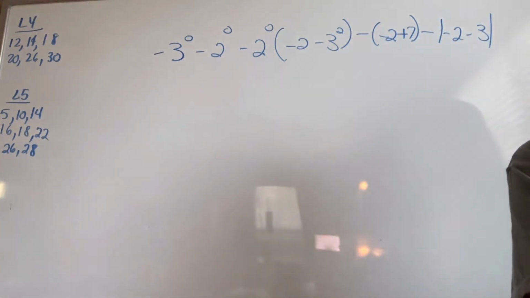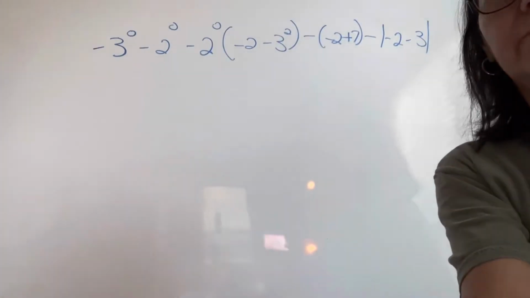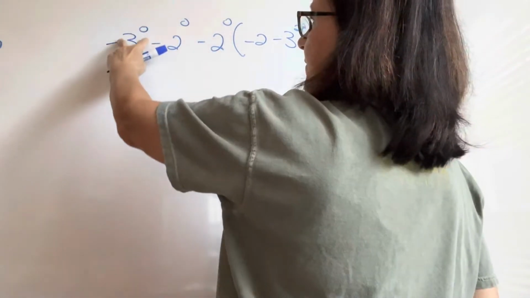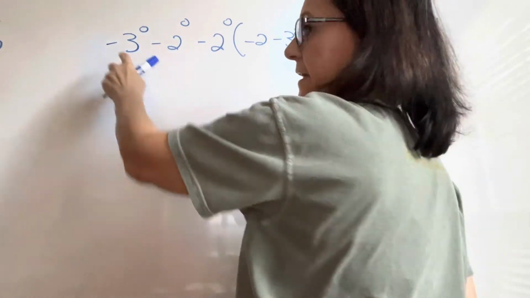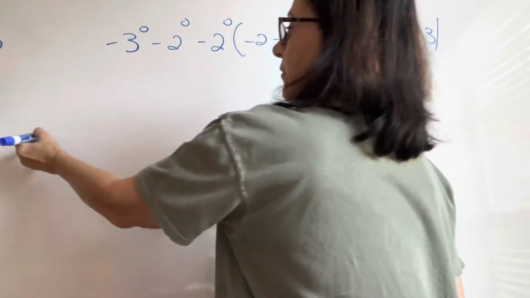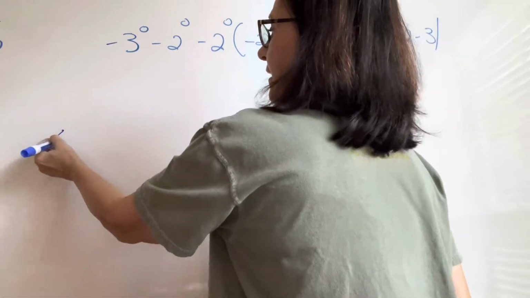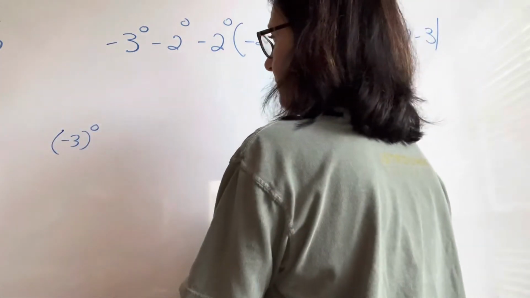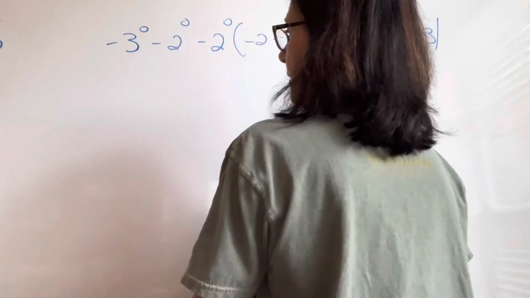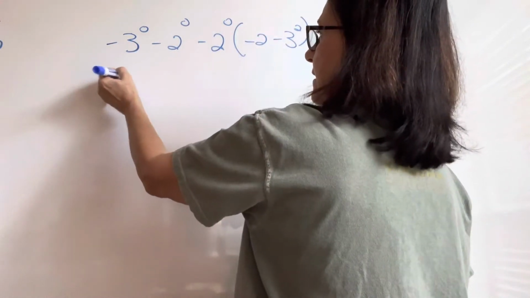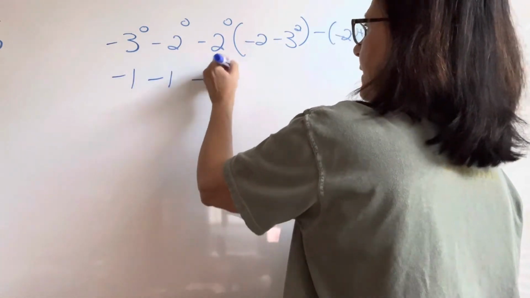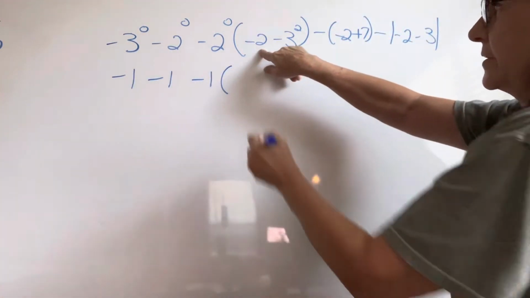All right. This value is 1. But the negative stays because it's not in parentheses. So if it would have been negative 3 to the 0 power, that would have been positive 1, okay? But this is negative 1 for the same reason. Negative 1 minus 1 times, let's do the parentheses.